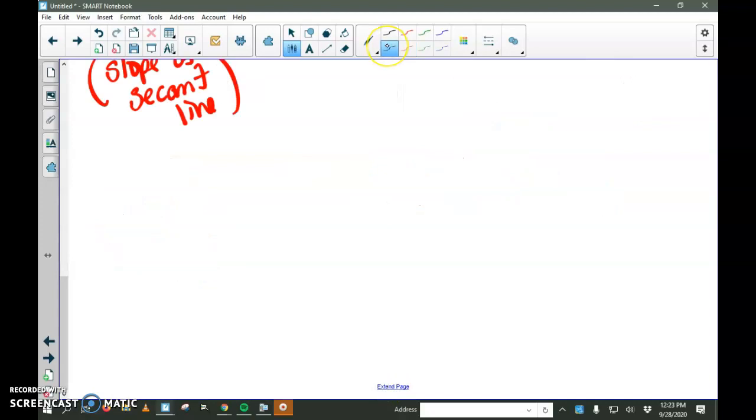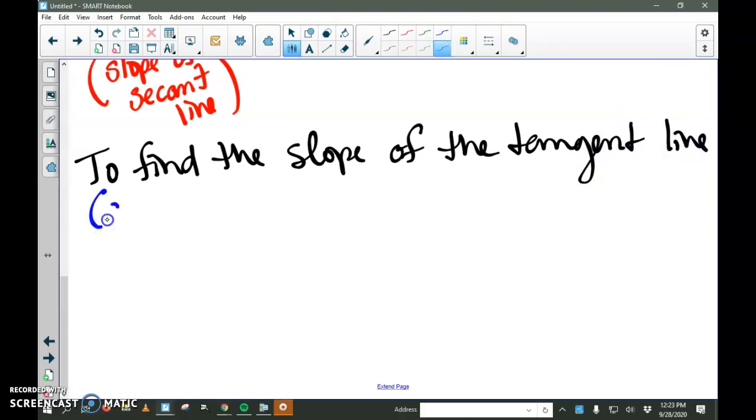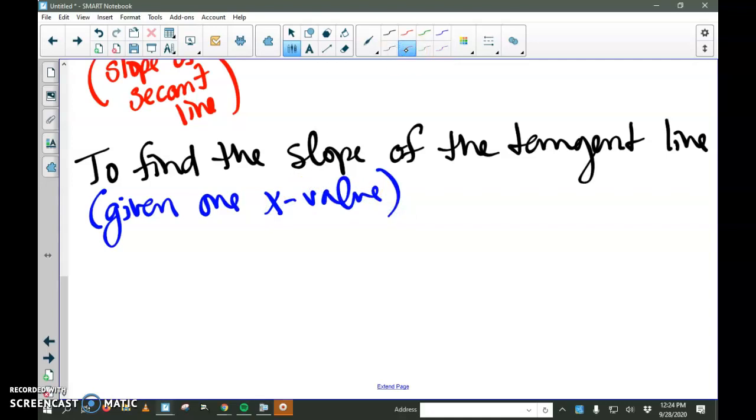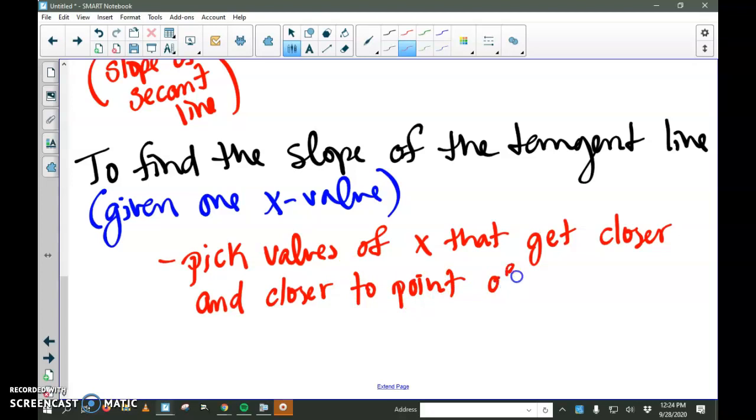So again, to find the slope of the tangent line, where I'm only given 1 point, given one x value, or 1 point of tangency, I'm going to have to pick values of x that get closer and closer to that point of tangency, the point on my tangent line and my curve.